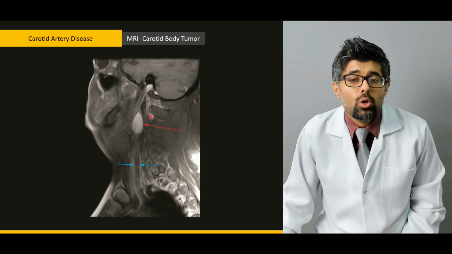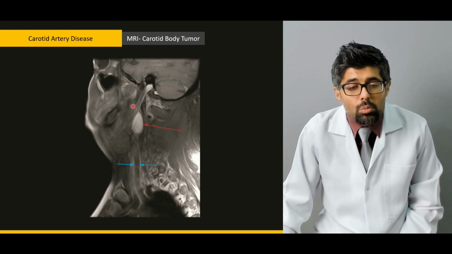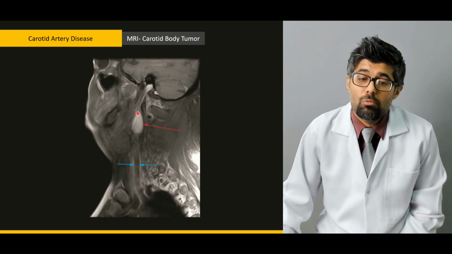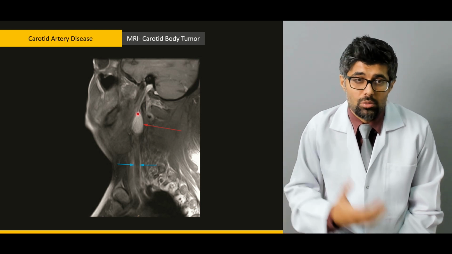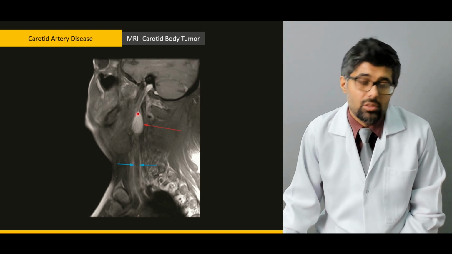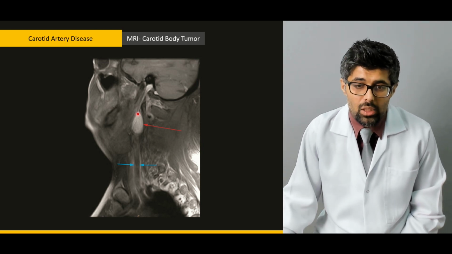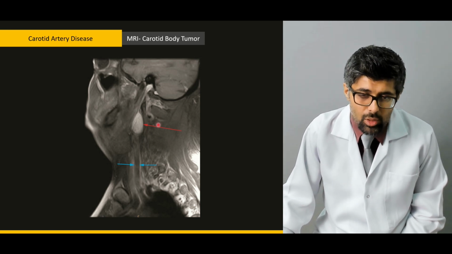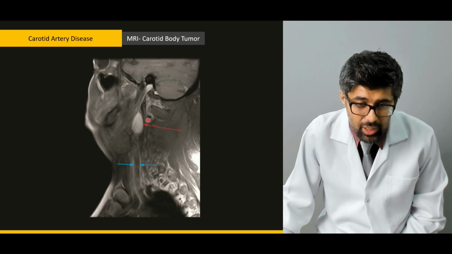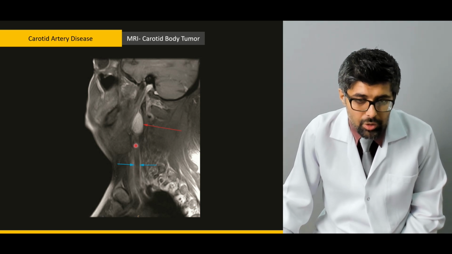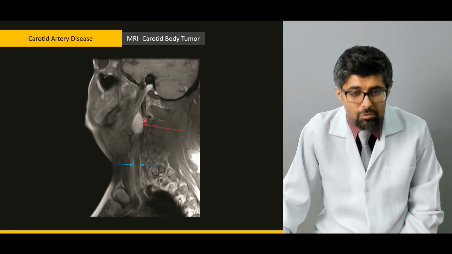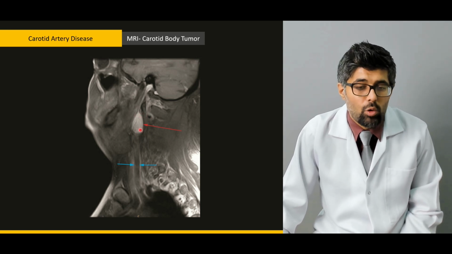It can also be because of a tumor, and that tumor can press and compress the carotid artery, which causes a reduced pressure of the blood flow to the brain, resulting in a stroke. This MRI actually tells us where the tumor lies. This is the common carotid artery. Now, instead of bifurcating, there's a mass here which is hindering the flow of blood.